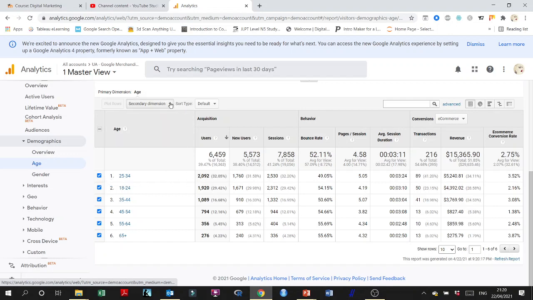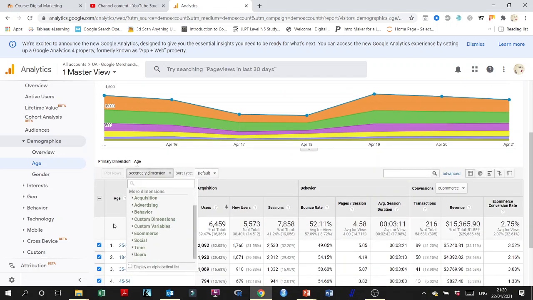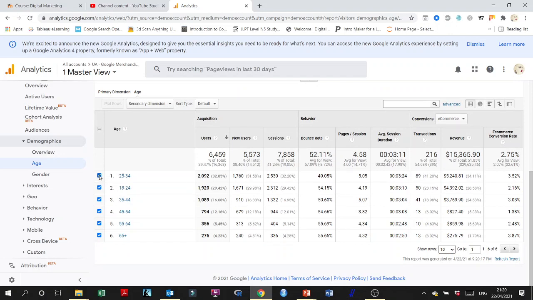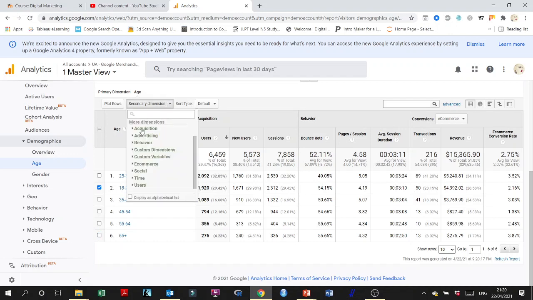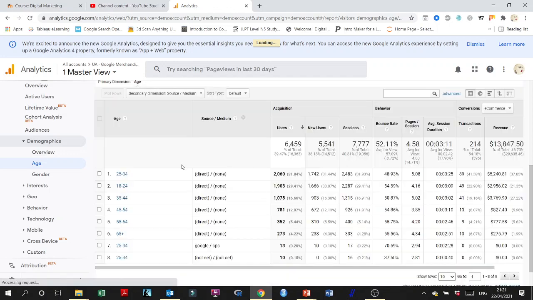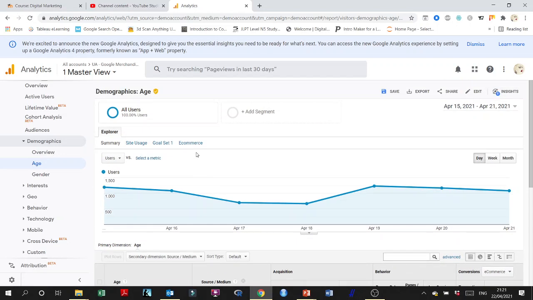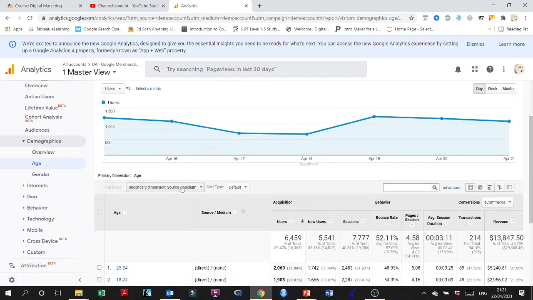Then try to find out by using this graph here. Try to focus on one persona. For example, I want to focus not on the first one but on the second one. Then, using the secondary dimension, I can look at where I could find this persona: the source and the medium. So I will have a better understanding of where exactly I could find this persona.